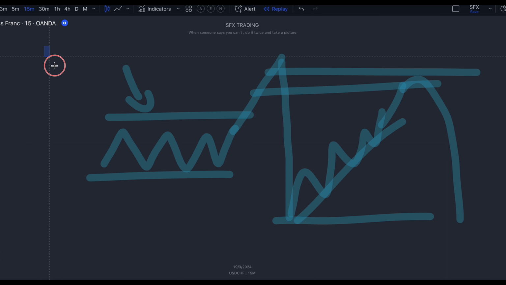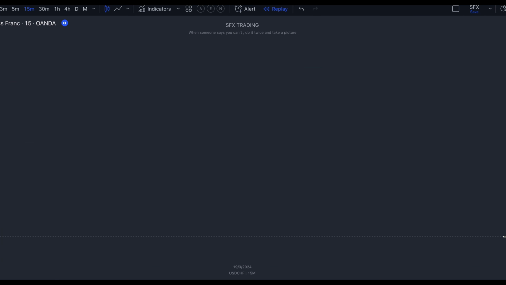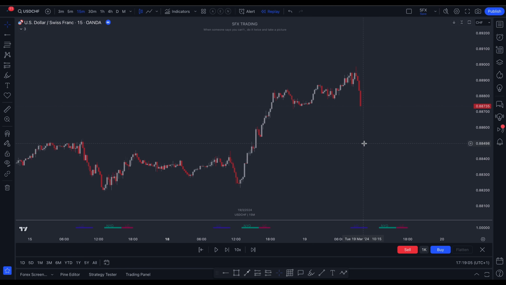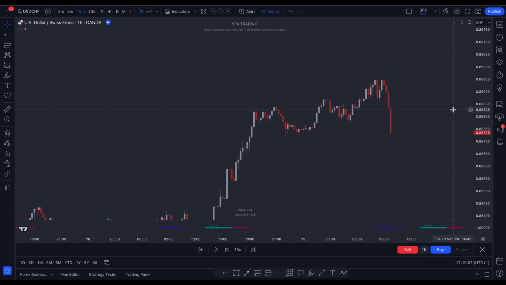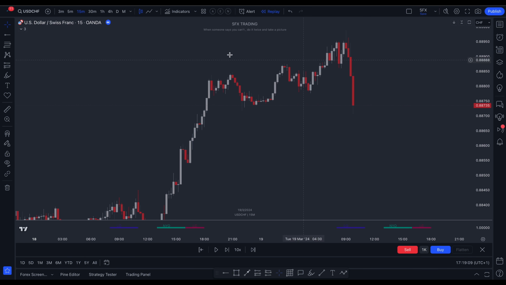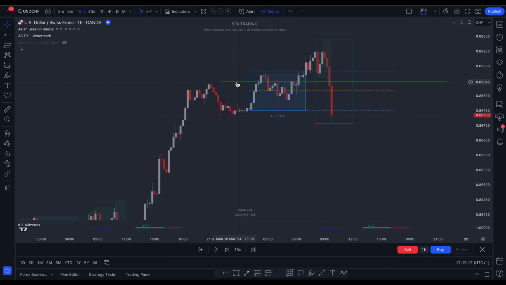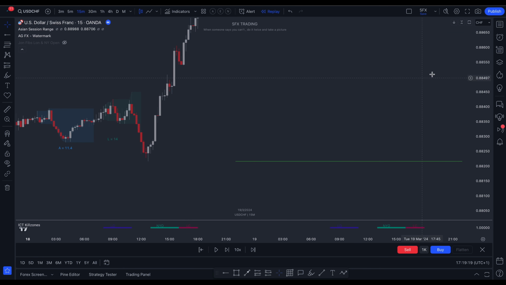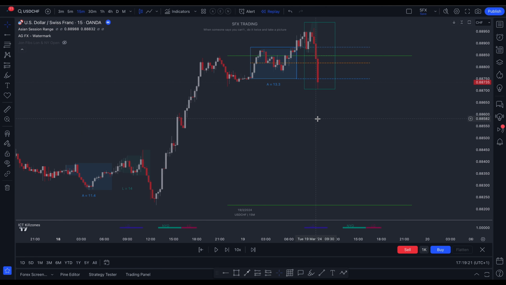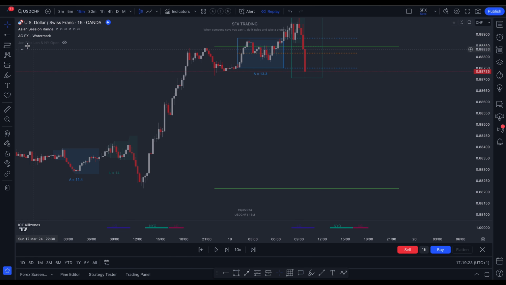An exact same thing, by the book, happened on the USD CHF trade that we had. Let me explain. First, we have an indicator that represents the London session, the Asian session, as well as the previous daily high and the previous daily low. The only thing I'm going to mark up is the previous daily low.